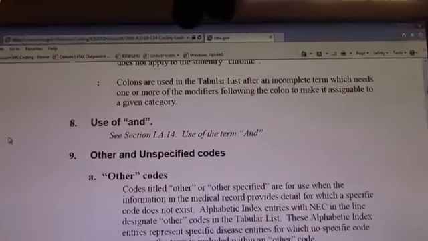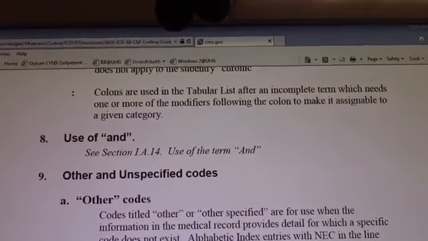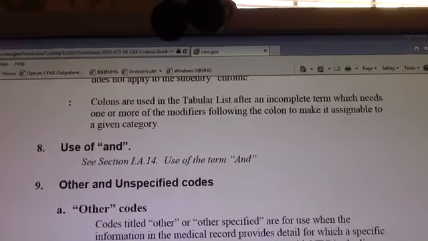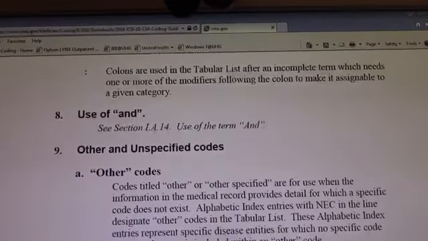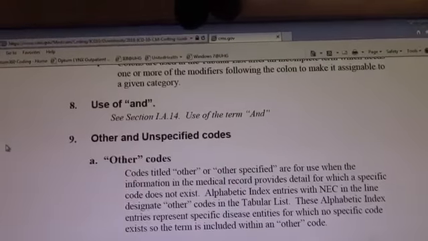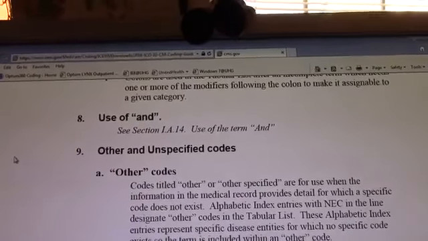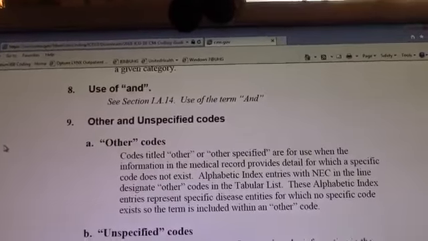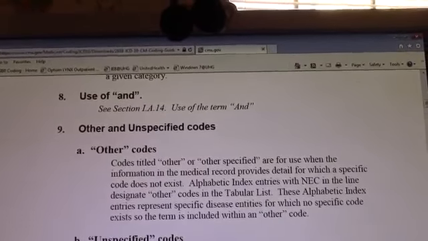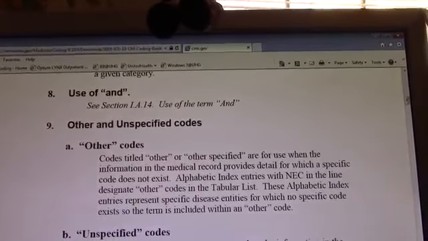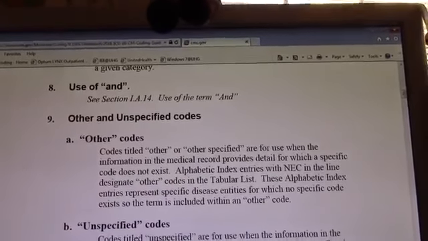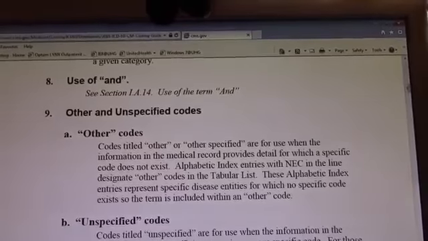It tells you right there that that's going to be found in section 1A.14. And we're going to cover that in just a minute, but 8 has been moved down to number 14. Number 9, other and unspecified codes. Again, codes that are titled other or other specified are for use when the information in a medical record provides detail for which a specific code does not exist.